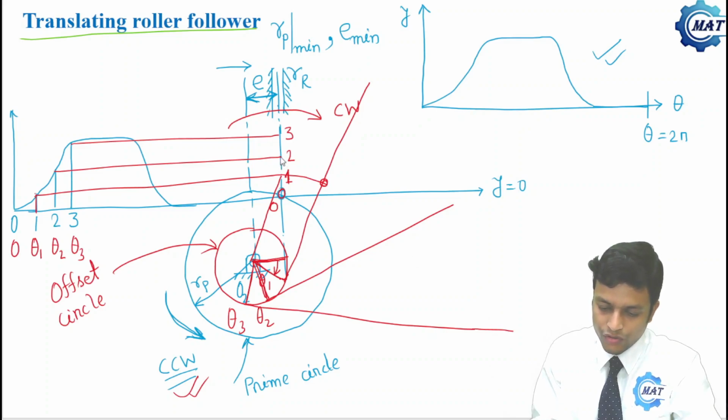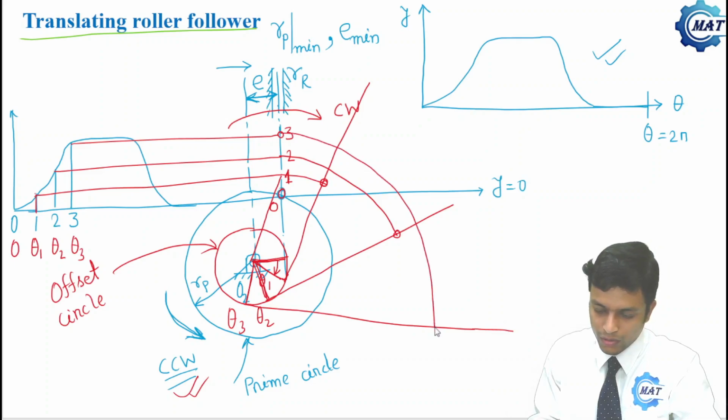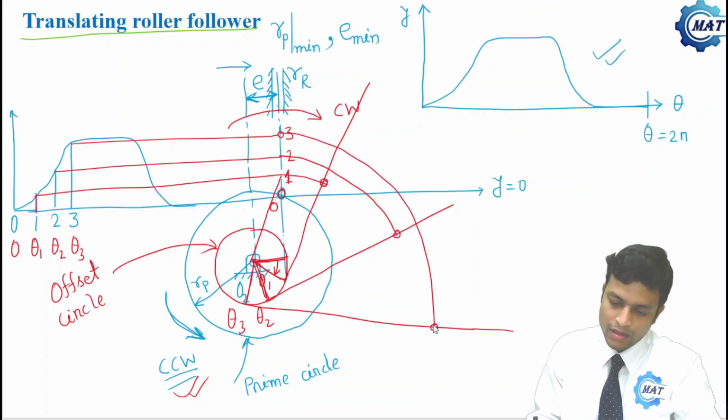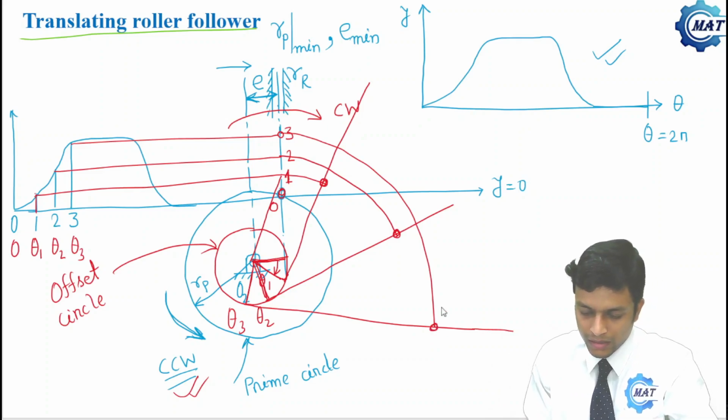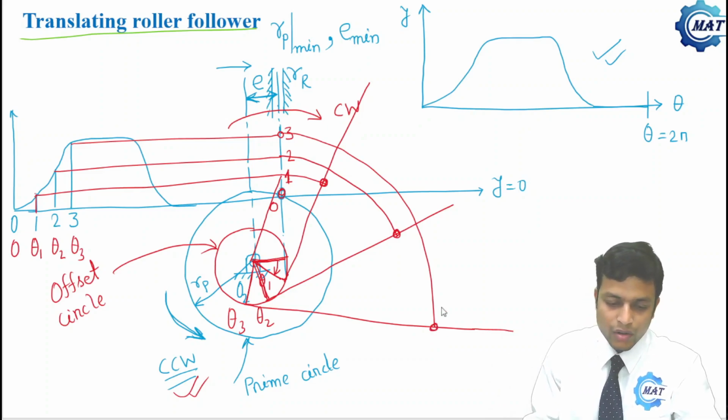Next we'll draw an arc with radius O2 to 2, and that cuts the corresponding tangent here. Similarly, we'll draw another arc with radius O2 to 3, and that cuts the corresponding tangent here. So these small circles are nothing but the centers of the roller.